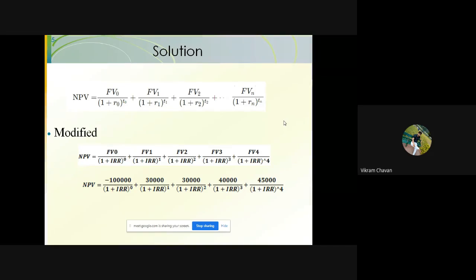The general formula mentioned here is NPV equal to FV0 divided by (1 plus R0) raised to T0, plus FV1 divided by (1 plus R1) raised to T1, plus FV2 divided by (1 plus R2) raised to T2, up to FVn divided by (1 plus Rn) raised to Tn. But here R0, R1, R2 up to R4, all four values are the same.